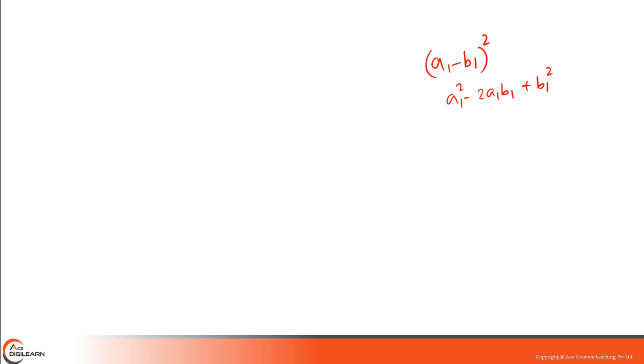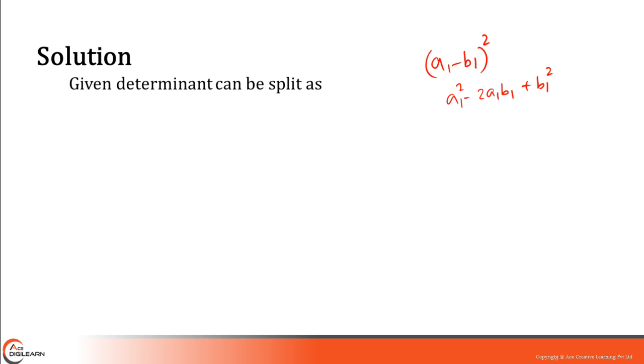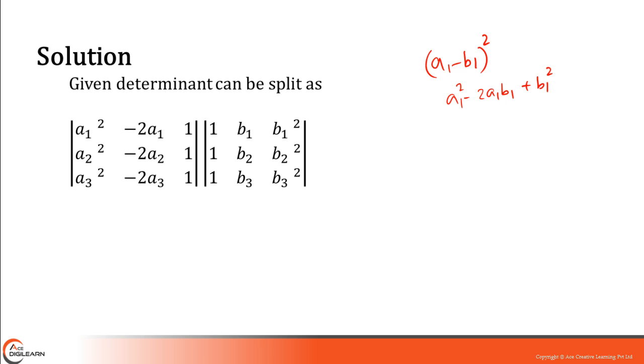So by observing the elements of the determinant, we can split the given determinant into a product of two determinants in this form, which you get by multiplying the row of the first determinant and the row of the second determinant. We get a1 square minus 2a1 b1 plus b1 square, which is nothing but a1 minus b1 whole square. Similarly, we get the other elements.